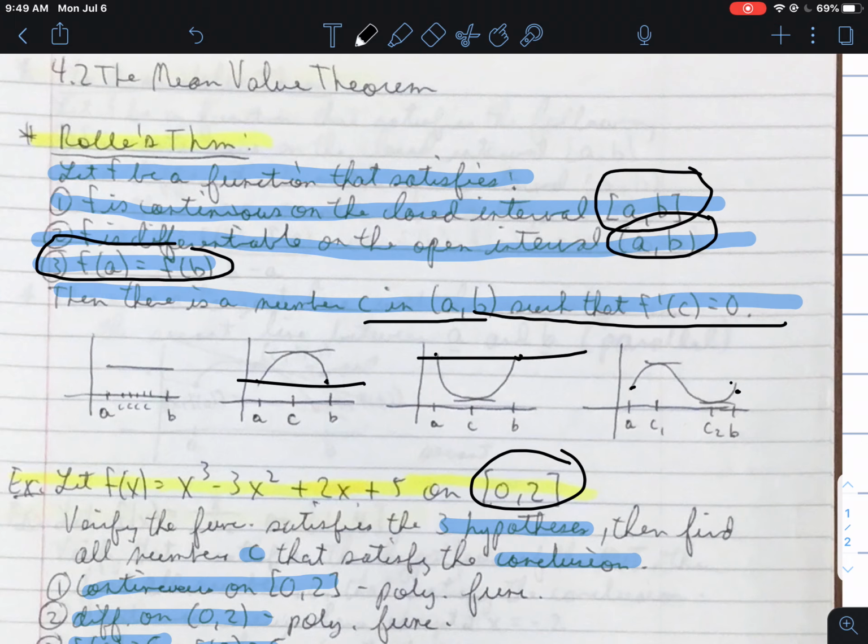So when you draw the secant line through the endpoints, just because of the fact that they have the same function value, you have a horizontal secant line, which is again also true for the tan line, because that's where the derivative is 0. Okay, so even with this one, you would have a horizontal secant line passing through those endpoints. Okay, so that's why I say Rolle's theorem is just a specific case of mean value theorem.